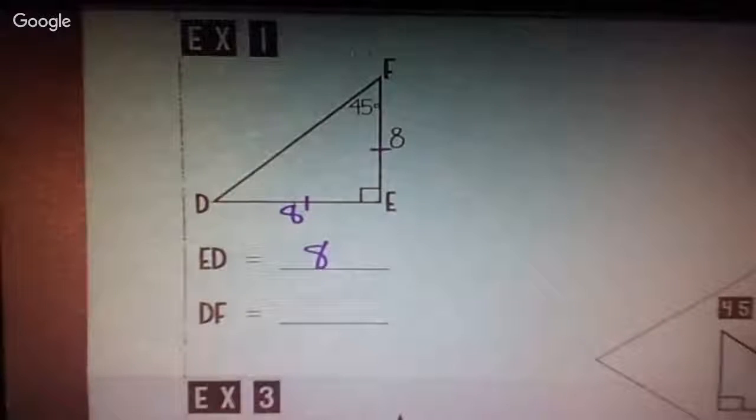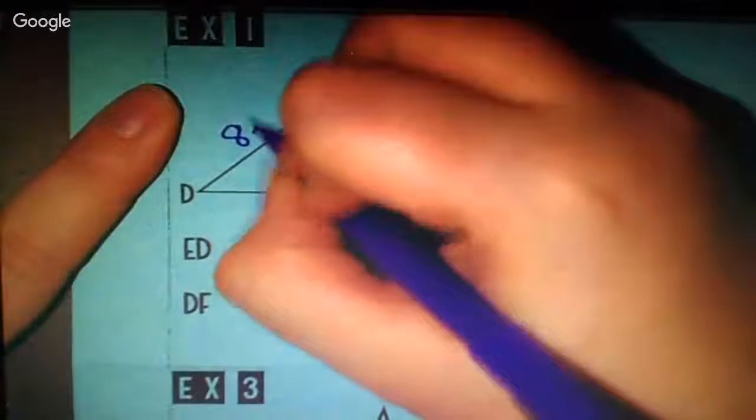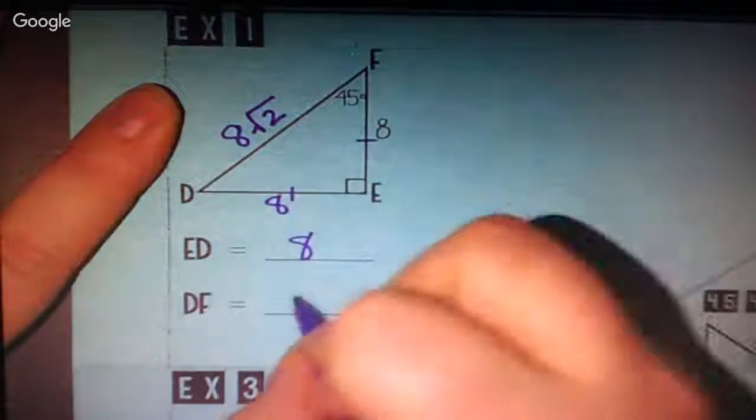So no matter what triangle I give you, if I give you 2 angles of a triangle, you can always find that 3rd angle. Okay. So isosceles, that makes this 8 and 8. The hypotenuse then is a square root of 2 more than that. So 8 square roots of 2.